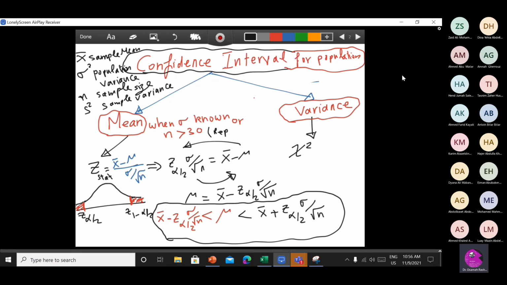You replace sigma by S. And do you know what S means? S is the standard deviation of the sample. Sigma is the standard deviation of the population. Easy now? Could you just repeat the last part?